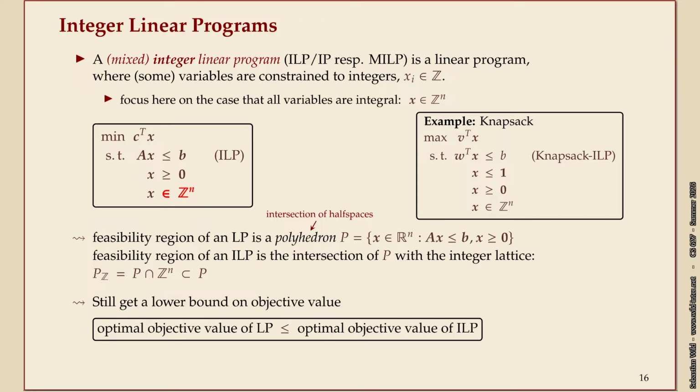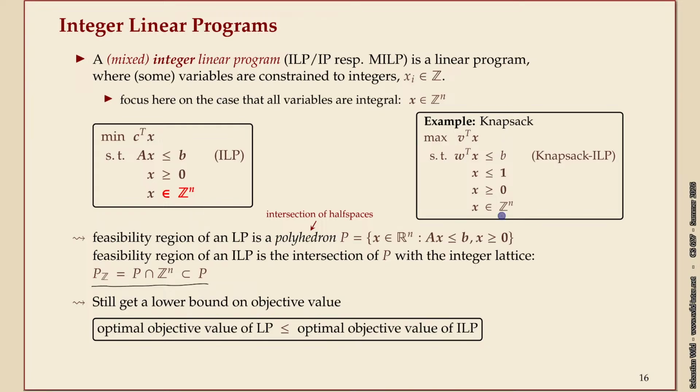What else can we still do despite the fact that the problem doesn't allow general efficient solutions? One thing we can do is, from this obvious relation on the feasible regions, if we're minimizing, then the optimal objective value that the LP spits out can never be worse than what the integer linear program gives you, just because all points that are feasible for the integer linear program are also feasible in the linear program.